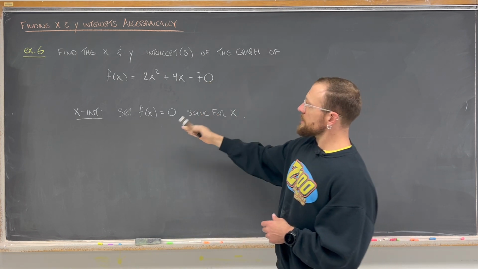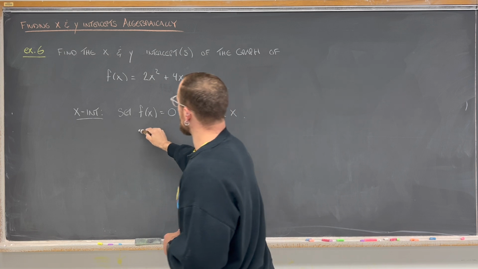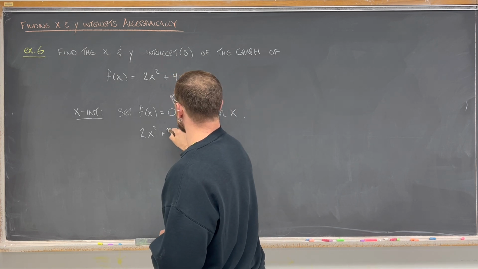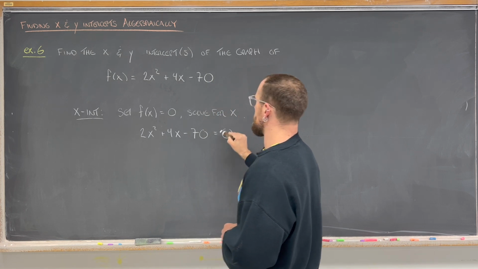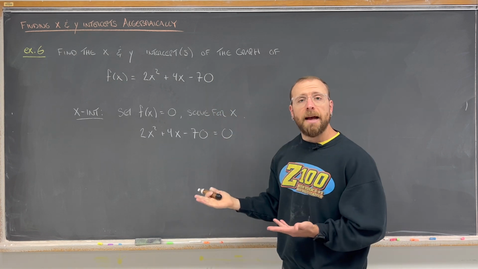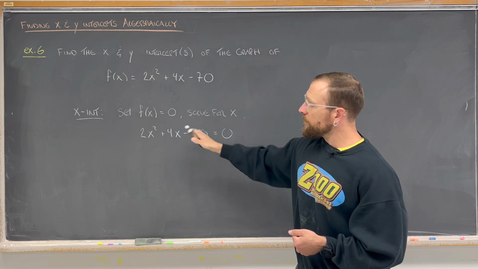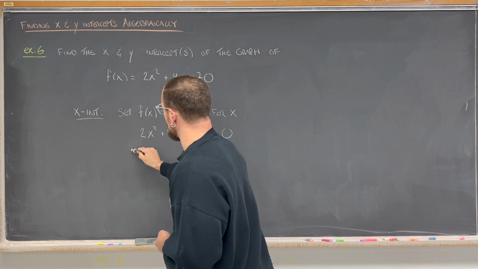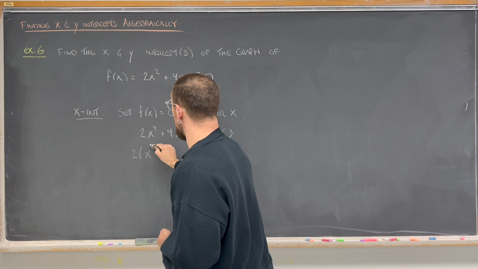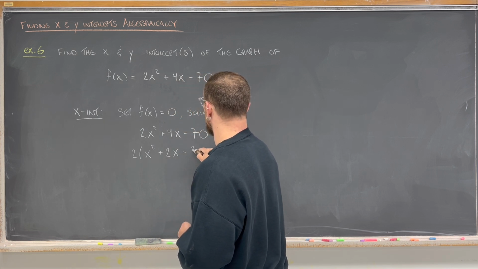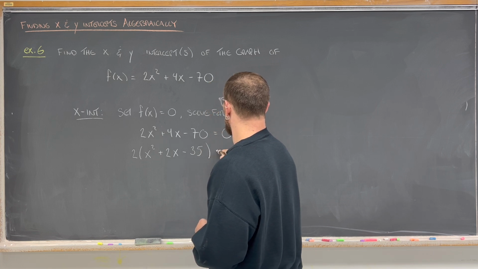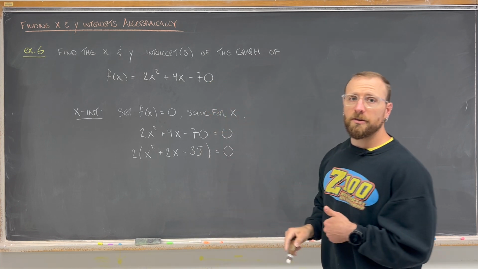For us, this equation looks like this: 2x squared plus 4x minus 70 equals 0. And I have to factor the left-hand side. I'm going to pull out the greatest common factor of 2. So I have 2 times x squared plus 2x minus 35 equals 0.